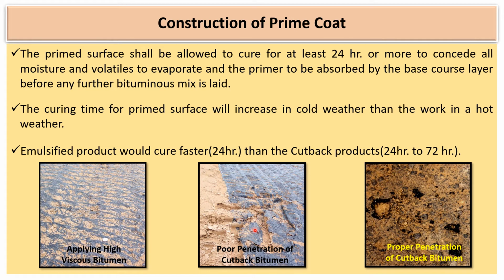A wrong application of prime coat, if noticed at site, should be discarded and priming should be done afresh with appropriate material and setting time. The third photograph shows proper penetration and setting of bitumen emulsion or cutback bitumen, and it perfectly functions as a prime coat.